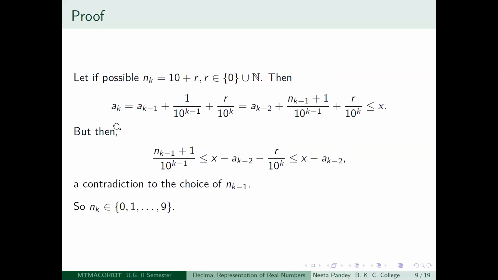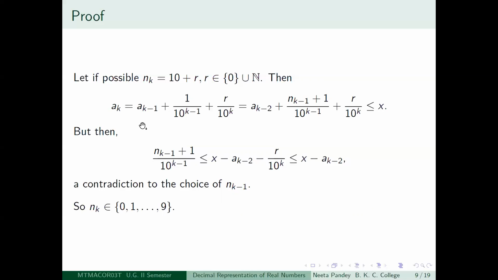So let us see what will happen, that if your nk is 10 plus r, where r is some non-negative integer, then by the definition of ak, ak is equal to ak minus 1 plus nk divided by 10 to the power k. So if you just divide this by 10 to the power k, you will get 1 by 10 to the power k minus 1 plus r divided by 10 to the power k.